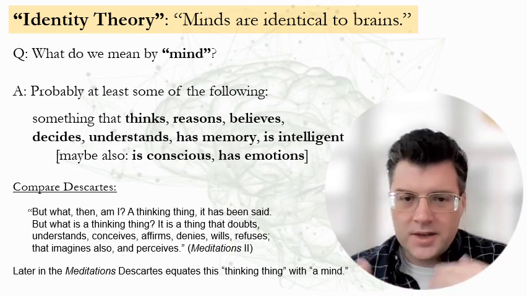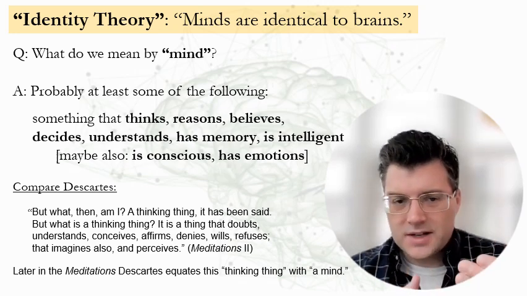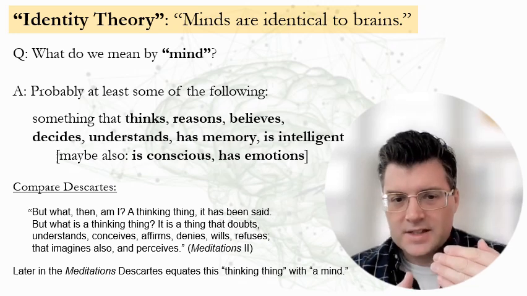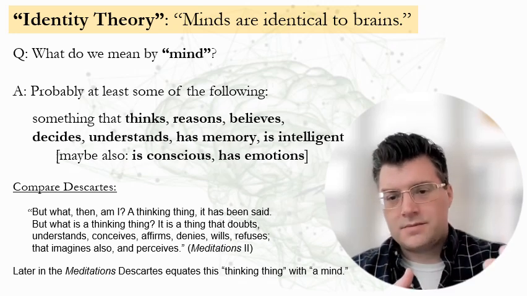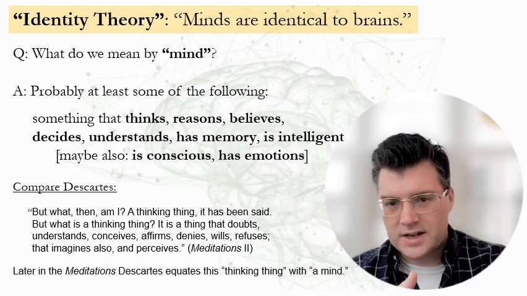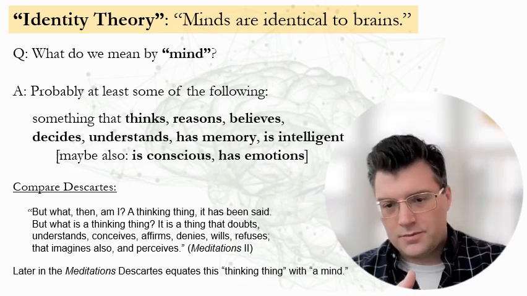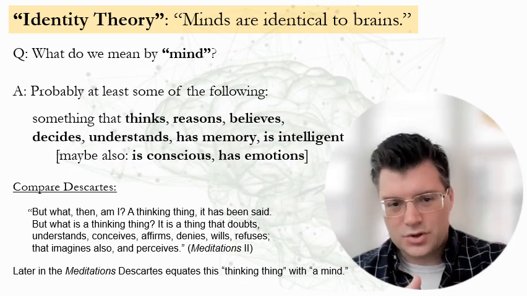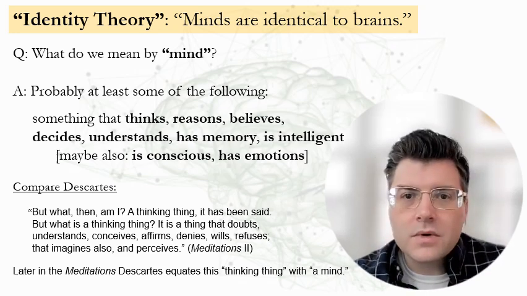So another way to put the identity theory then, if we adopt this definition of mind, is that the identity theory says that whatever thinks, reasons, believes, decides, understands, has memory, etc., is a brain. And brains are the things that do all of these things.